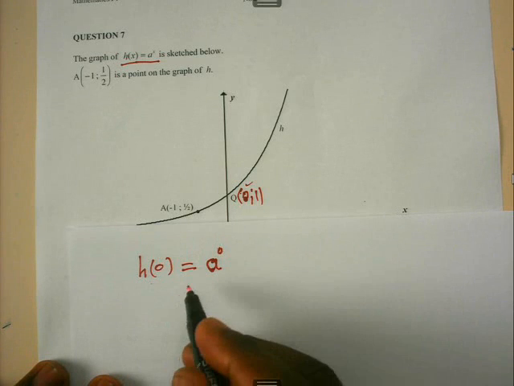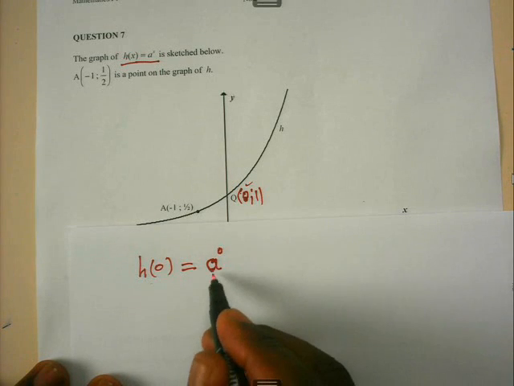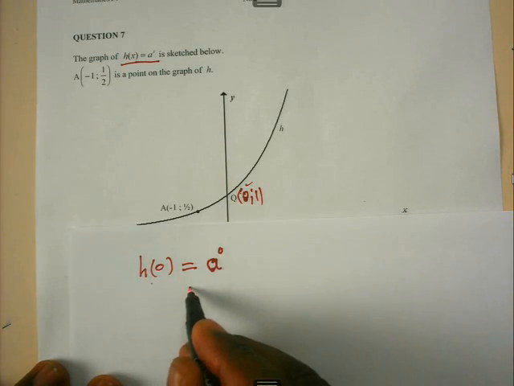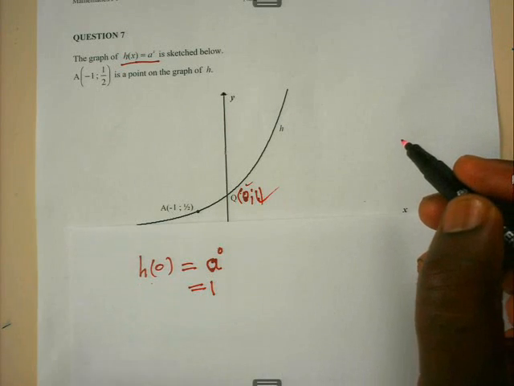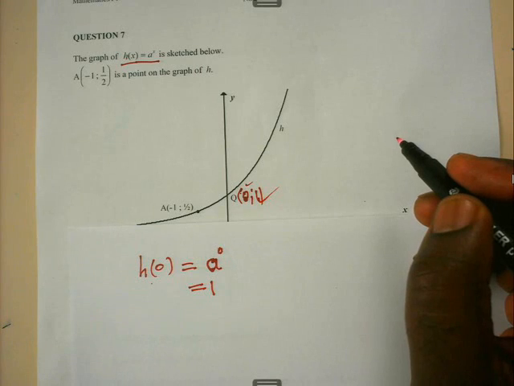Then I quickly recall, what is anything raised to the power 0? Anything raised to the power 0 is 1. So already I have my y coordinate indeed as 1.